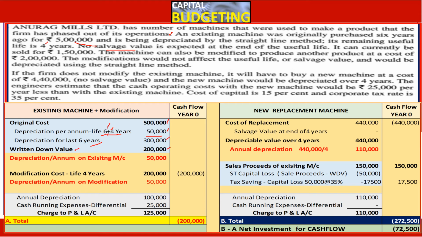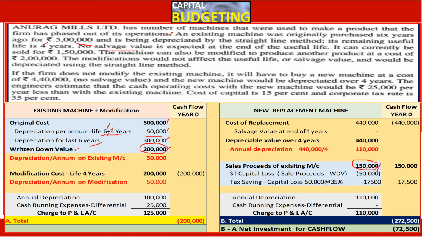Let us proceed further. No salvage value is expected at the end of the useful life. It can currently be sold for 1,50,000. Its cost is 2 lakhs. It could be sold for 1,50,000 when we go for the replacement option. In such a case, we will make a loss of 50,000.